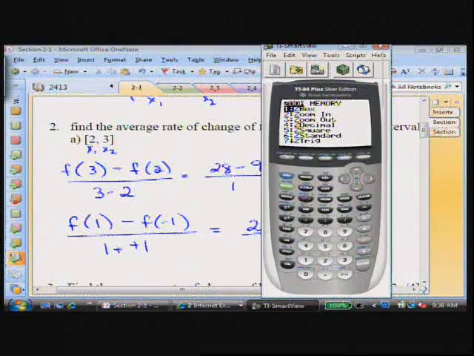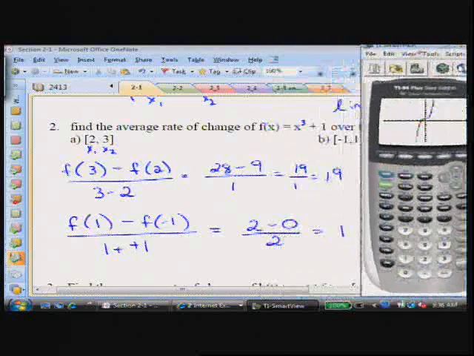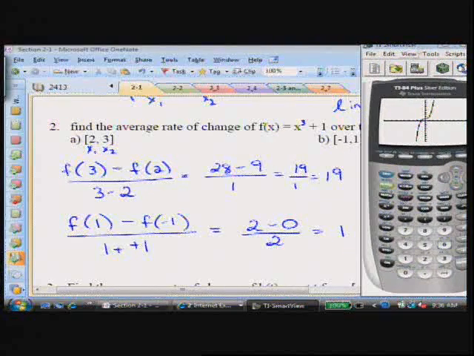Yeah, zoom 6 is the standard viewing window, and we'll just see our friend, the cubic function, right? And then you will see, if you were to look at the interval, I don't know if it'll let me. Yeah, I know what I'll do.